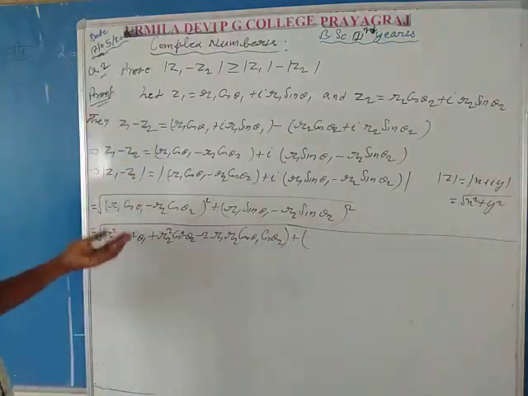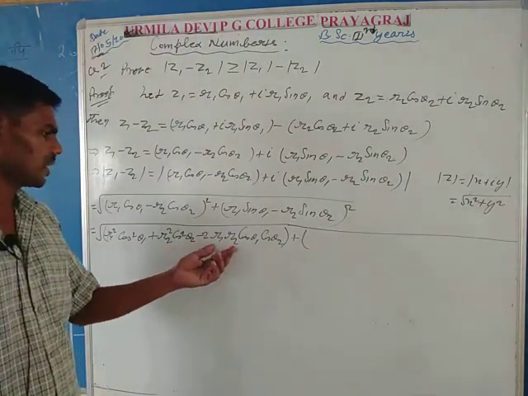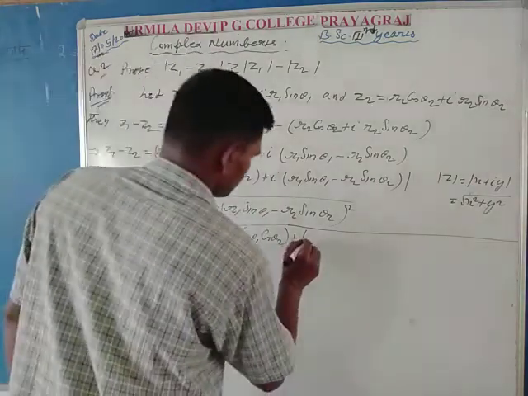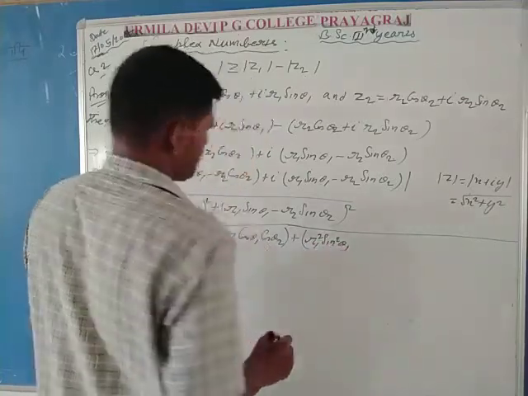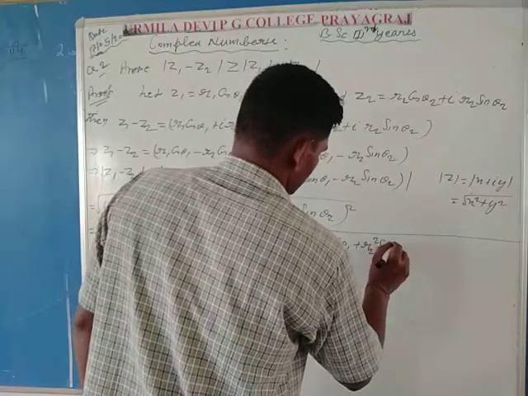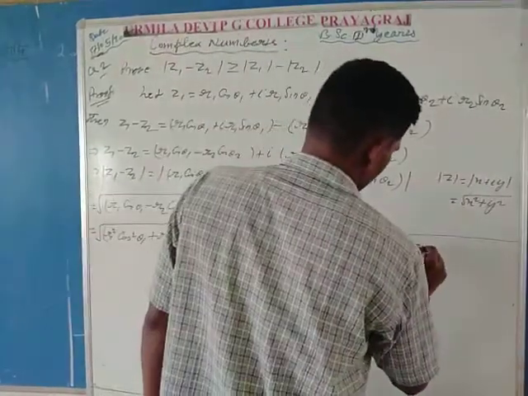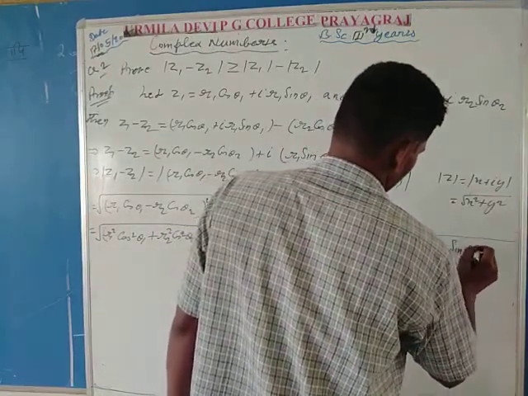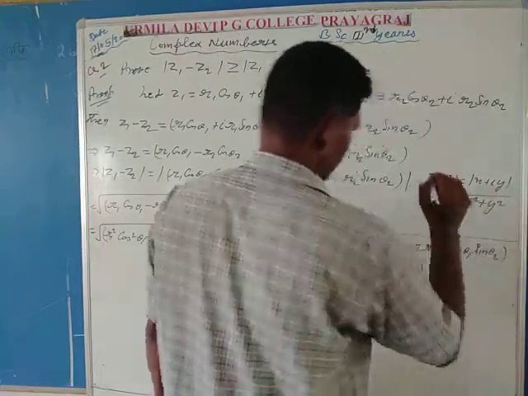In the first bracket: whole square of first plus whole square of second minus 2 times first and second. Same as in the second bracket: R1 square sin square theta 1 plus R2 square sin square theta 2 minus 2 times R1 R2 sin theta 1 into sin theta 2.